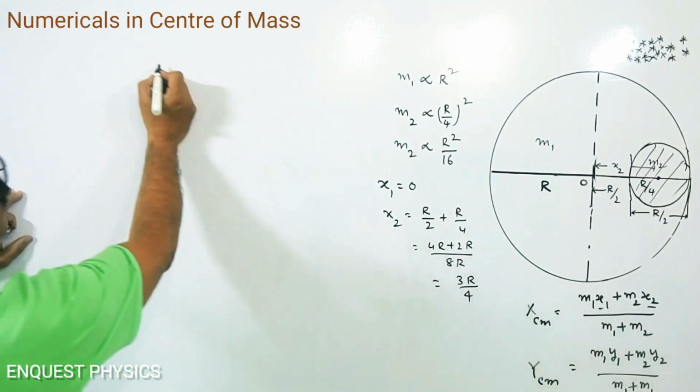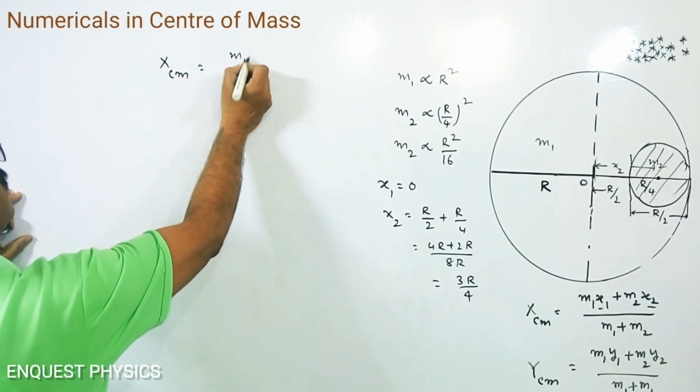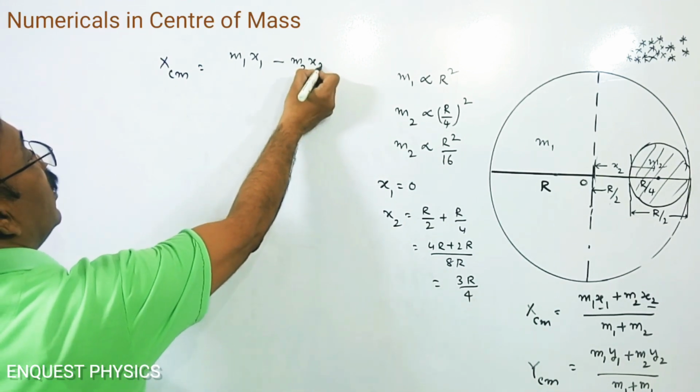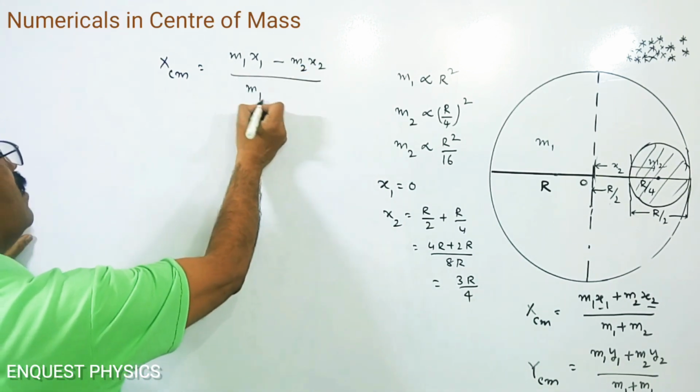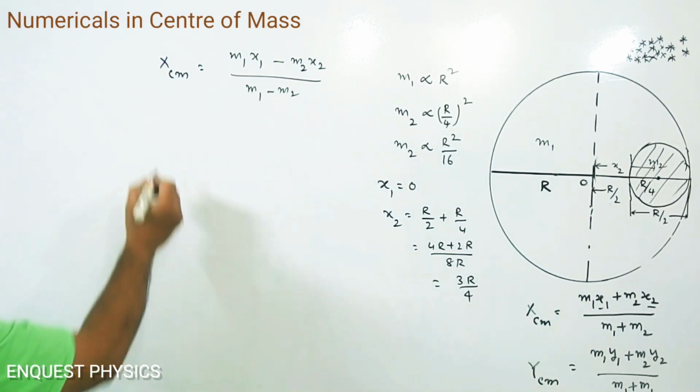Let us substitute the values. xcm is equal to m1 x1 and the second mass is negative, minus m2 x2 by m1 minus m2. Just substitute the values in.